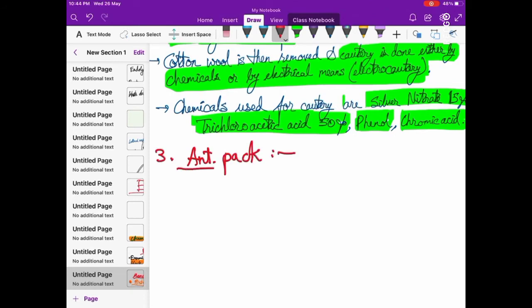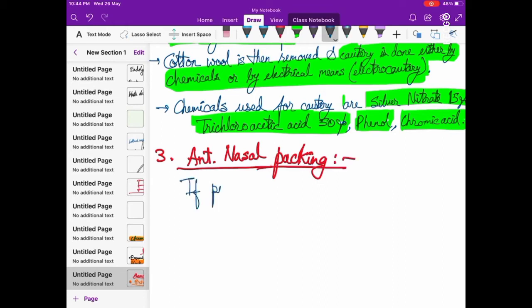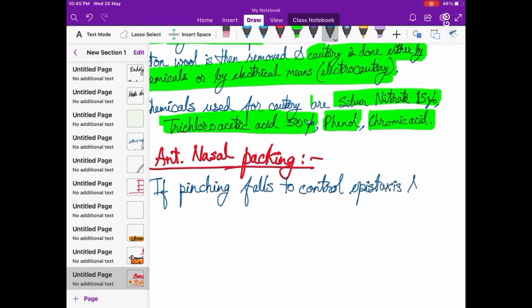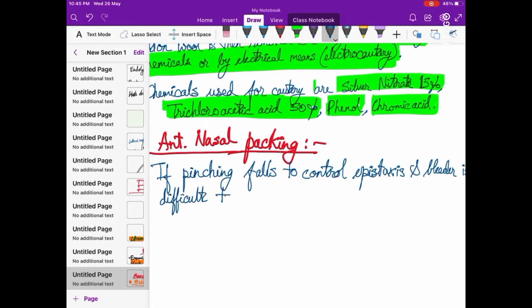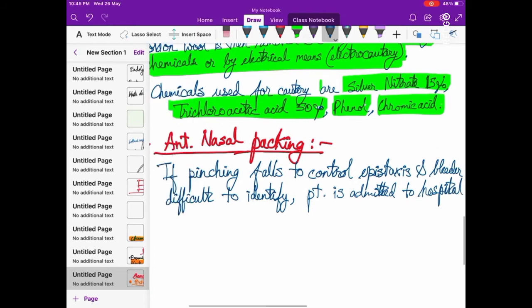Anterior pack. Anterior pack is done when there is bleeding from Little's area. If pinching fails to control epistaxis and bleeder is difficult to identify, the patient is admitted to hospital and anterior nasal packing is done.